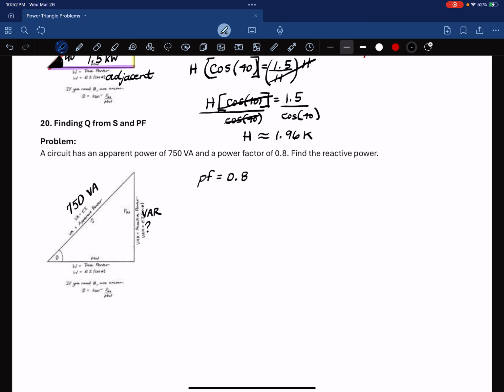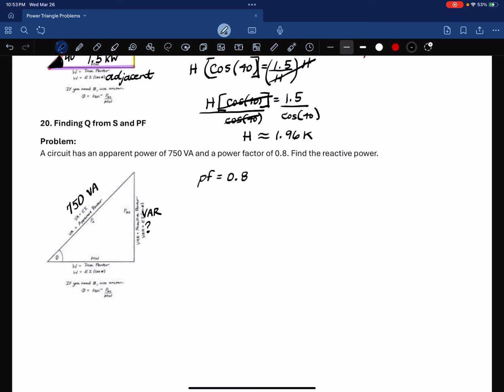So we are looking for this number. Don't know theta, so we can't find the missing side using trig ratio. So we're going to have to rely on Pythagorean theorem.